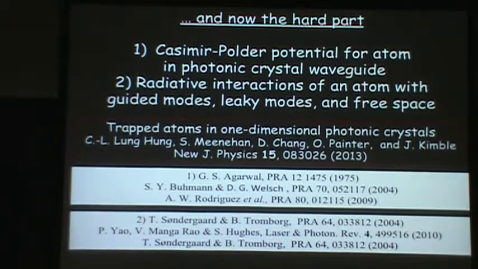So now I want to go into the space between the toy models and the laboratory. We have to fill that up to understand the reliability of all the models, and to understand, if we build structures, what kind of characteristics we have. The beginning of that for my group was with Oscar Painter beginning in 2012.